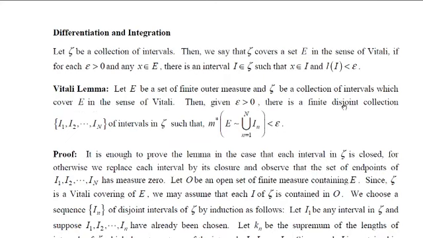That means if you choose a point in E, then that point will be present in one of the intervals, and that interval will have a length which is less than epsilon. Then for given epsilon greater than 0, there is a finite disjoint collection of intervals of zeta such that the outer measure of E minus this union is less than epsilon.